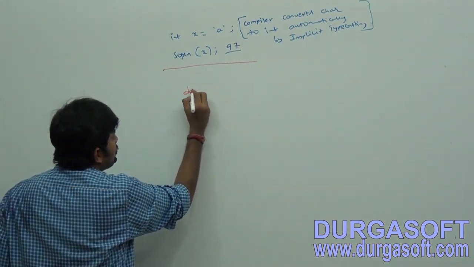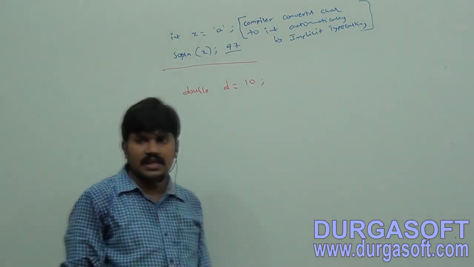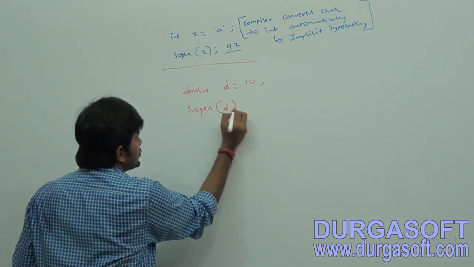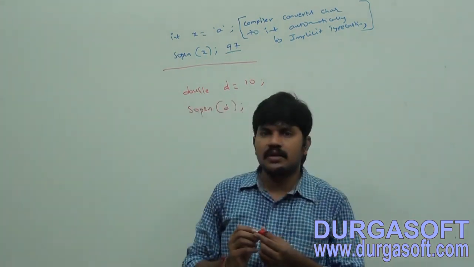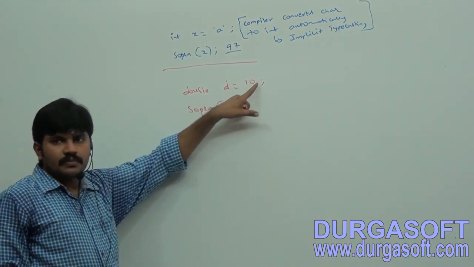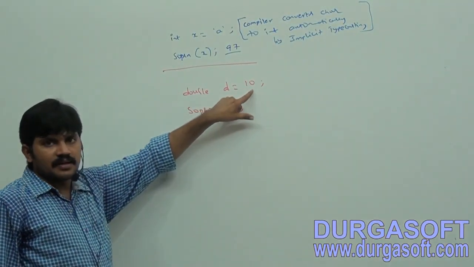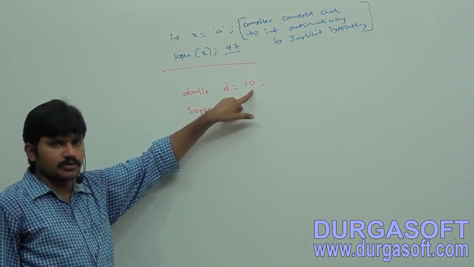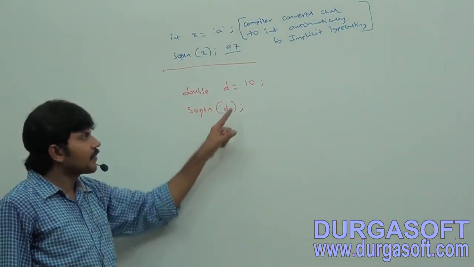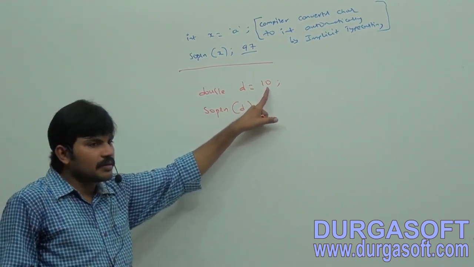I am taking double d is equal to 10. SOP of d I am taking. Now here observe, double d is equal to 10, SOP of d. Internally, make sure you are aware clearly, the int value will be converted to double type.